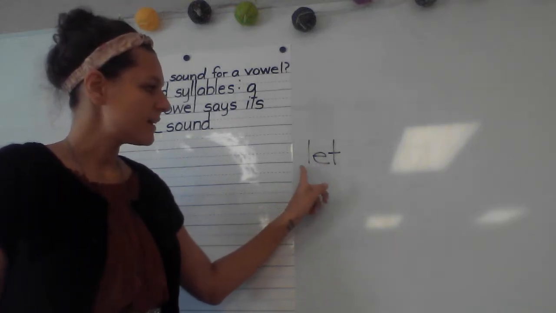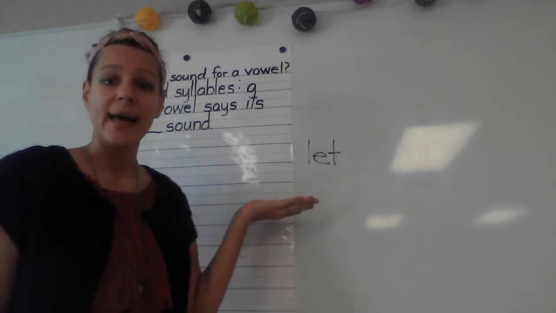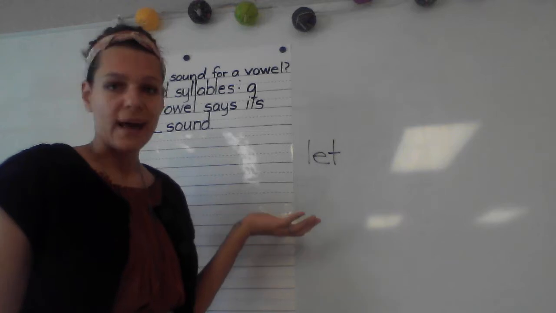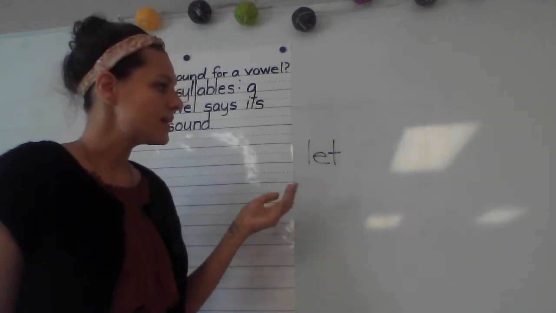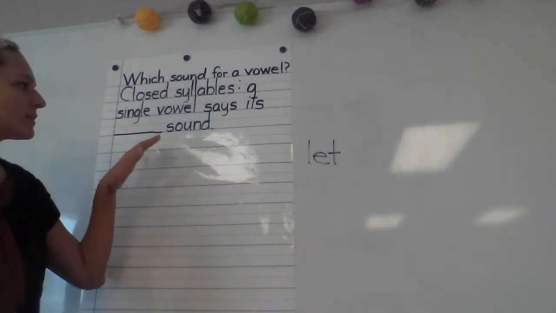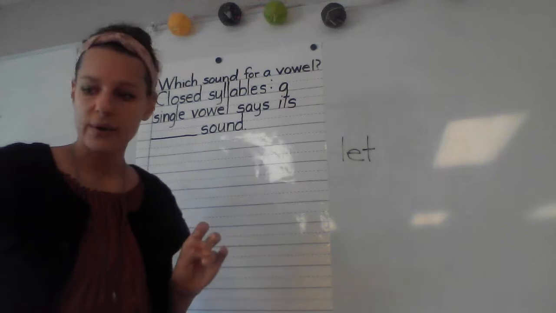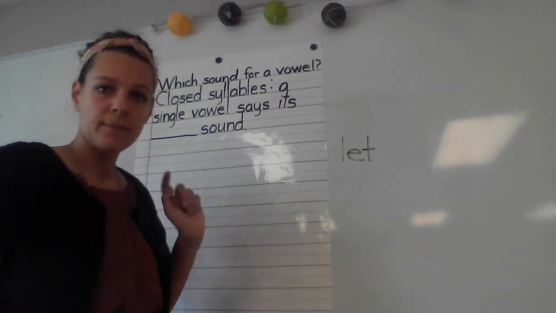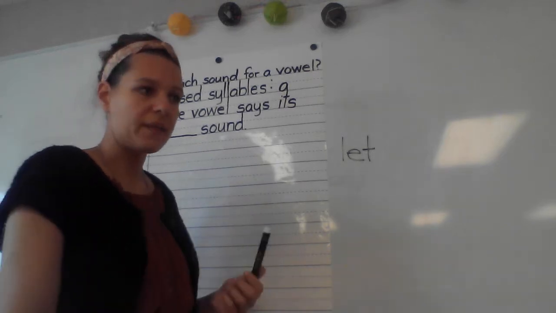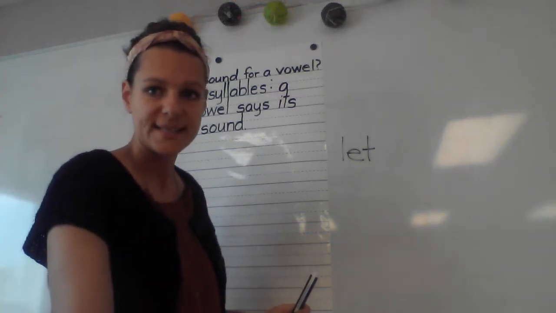In this word, let, it's saying its first sound, e. Almost always in a closed syllable, a single vowel says its first sound. We're going to write first into our chart, and then do examples of some closed syllables to practice that.